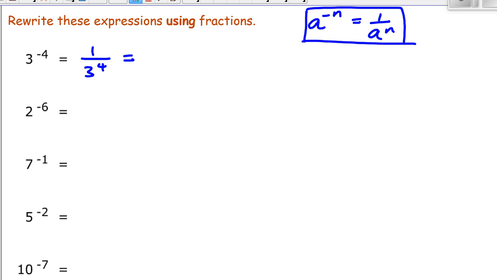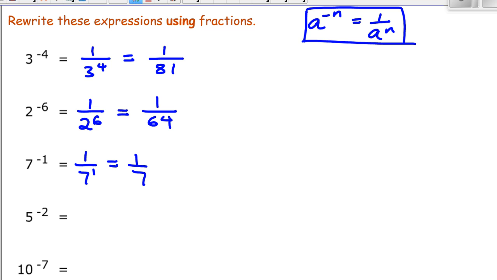1 over 81. 2 to the power negative 6, 1 over 2 to the power 6, and 2 to the power 6 is 64, so 1 over 64. Again, you can use your calculator. That will just be 1 over 7 to the power 1, which is the same as 1 over 7. This will be 1 over 5 to the power 2, which is 1 over 25.